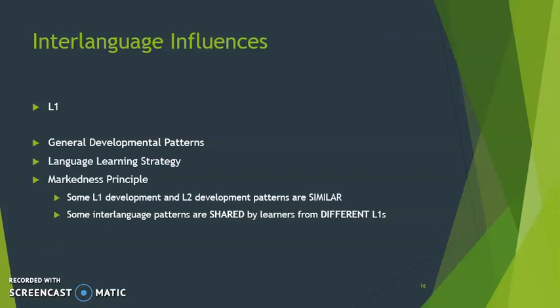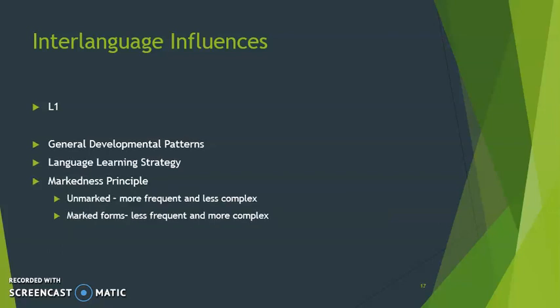But there are more potential interlanguage influences, and one is the markedness principle. And this could happen in the L1 or in the L2, among learners of different L1s. What is markedness?